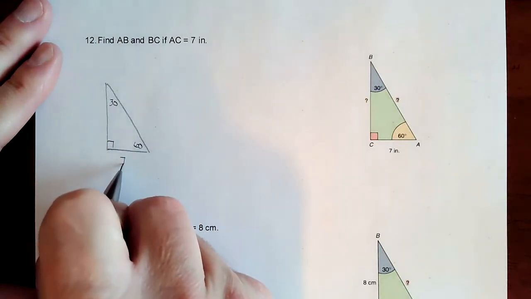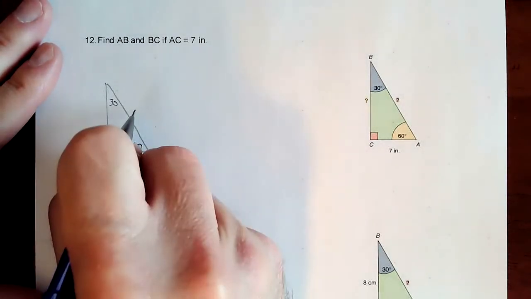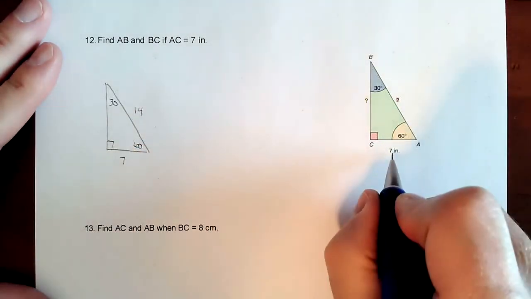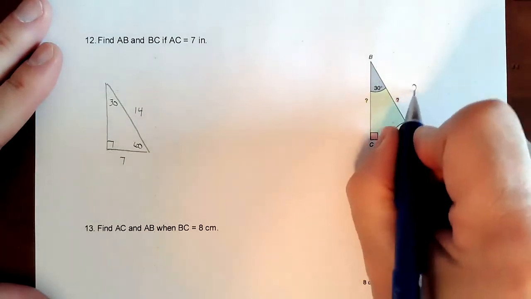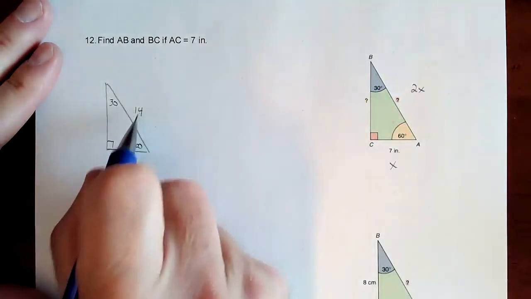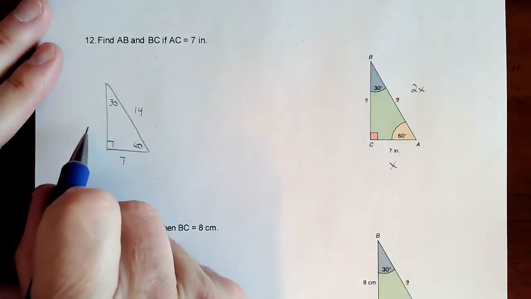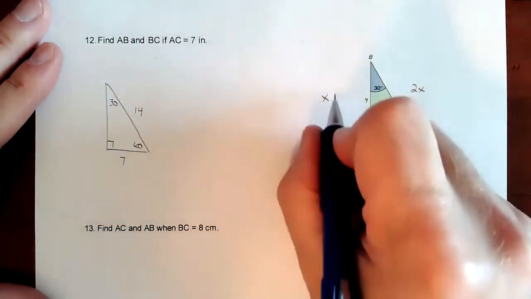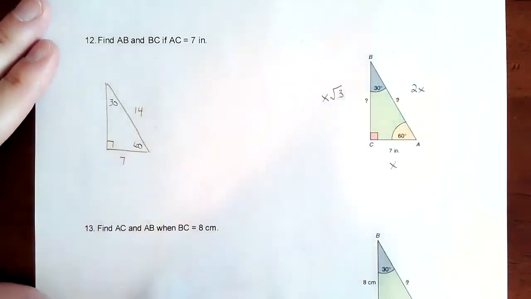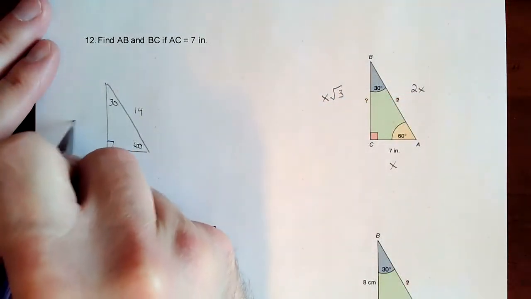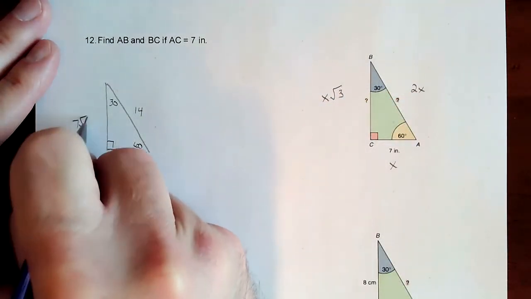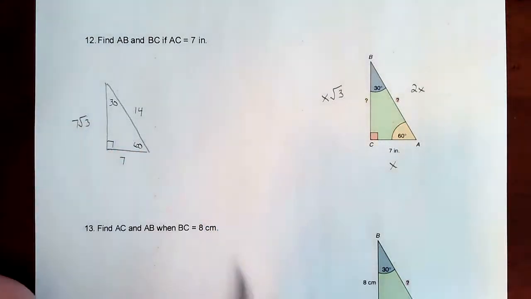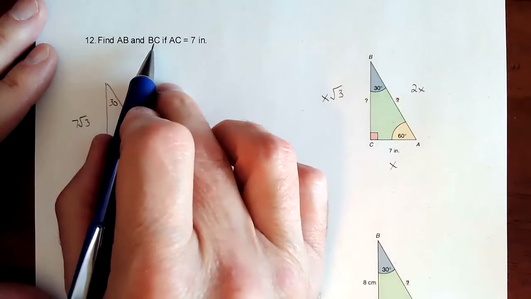We know that this side is 7, which guarantees that the hypotenuse is going to be twice that. So this is your x, this is your 2x. And then this side is whatever our shortest side is multiplied by the square root of 3, so this piece is going to be 7 square root of 3. The pieces we're missing are AB and BC.